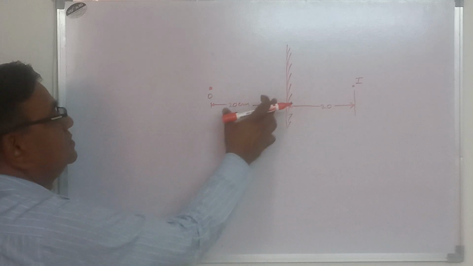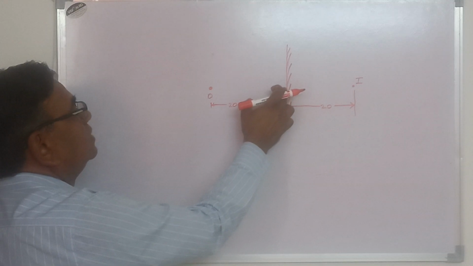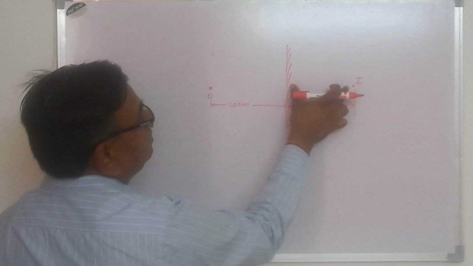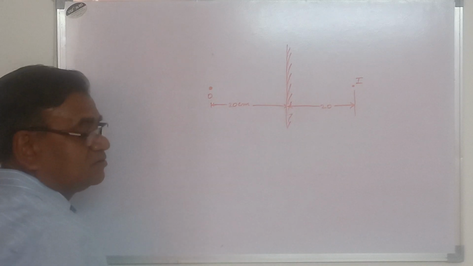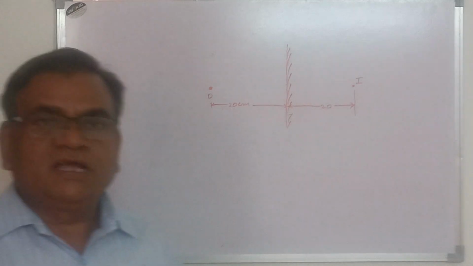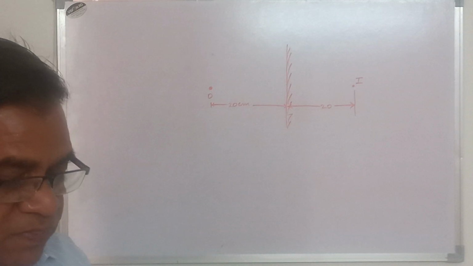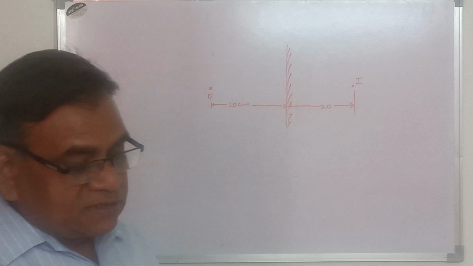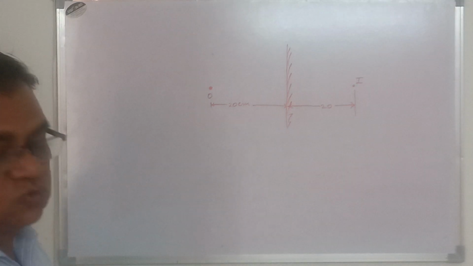The distance of the mirror from O is equal to the distance of I from the mirror. यानी these distances are equal. It is the established fact.